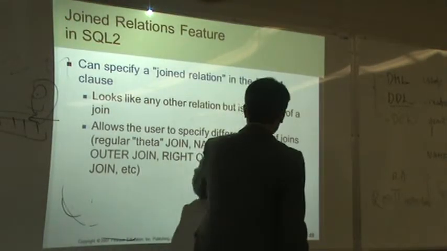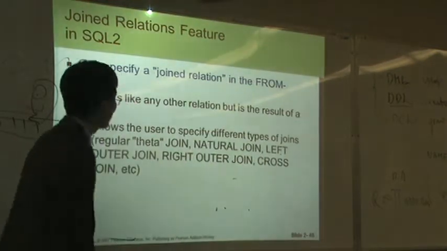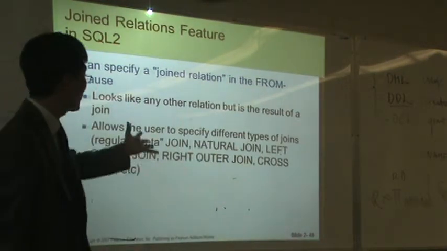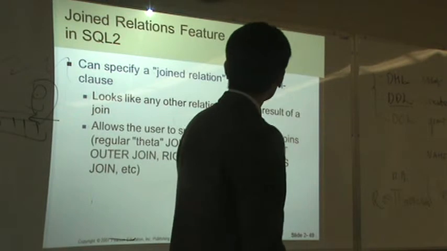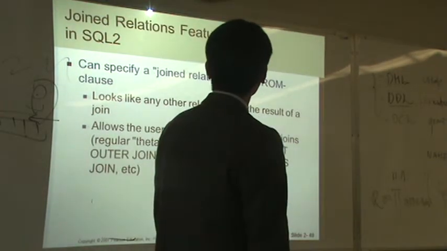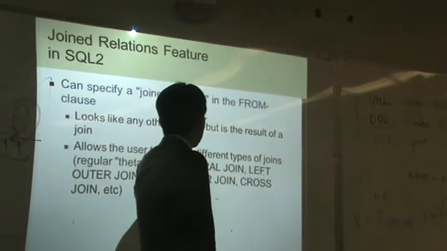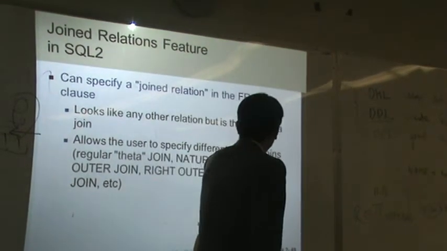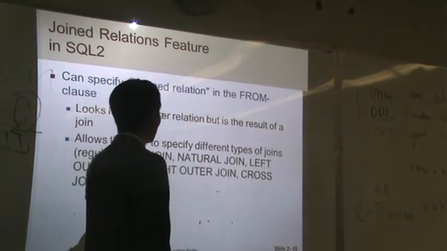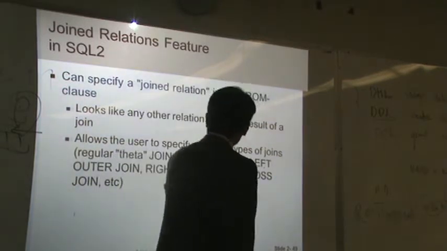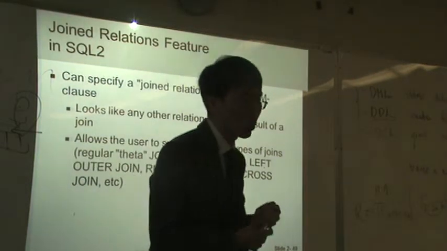A join can be implemented as a join condition. Sometimes it can be implemented in the from clause, like A join B, A natural join B, A left outer join B, A right outer join B, and cross join means a full join.